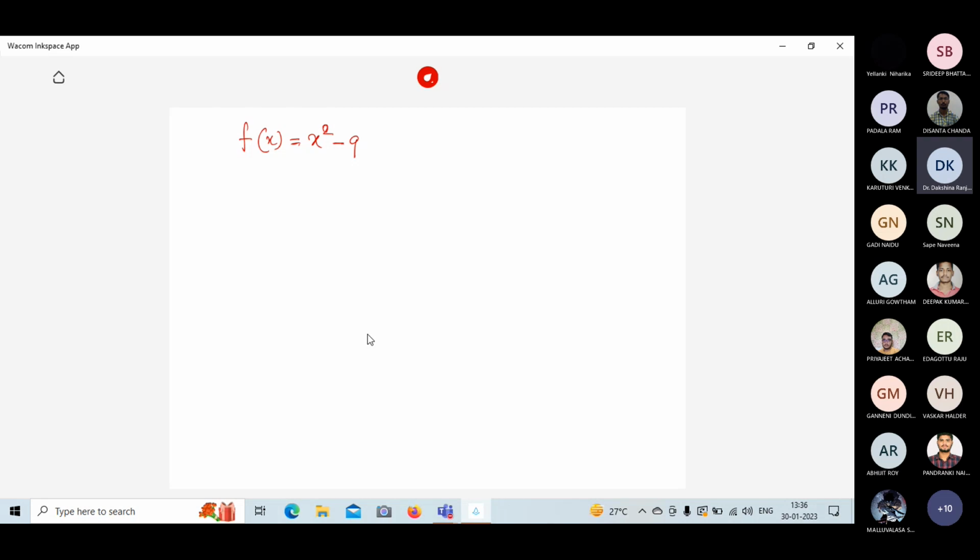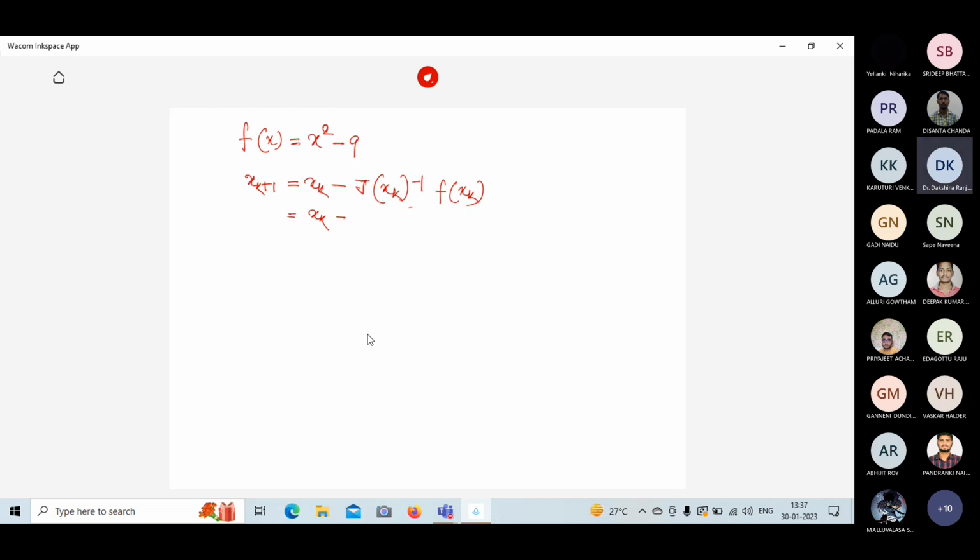Okay, so now we are writing xk plus 1 equals xk minus j inverse f of xk. What is j xk inverse? This is the first order derivative.